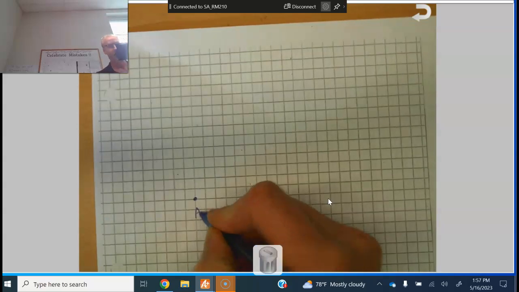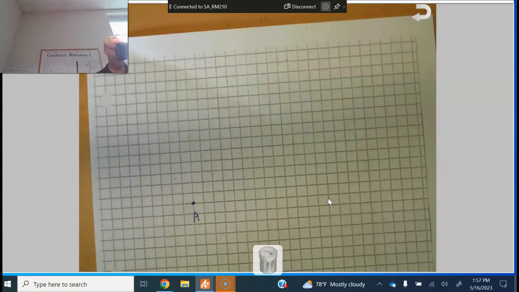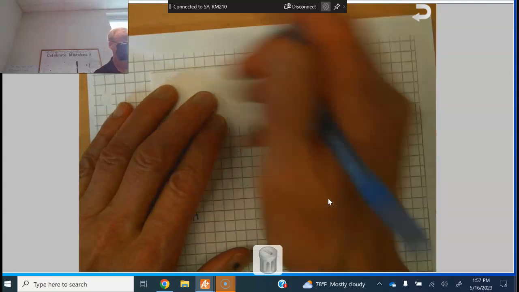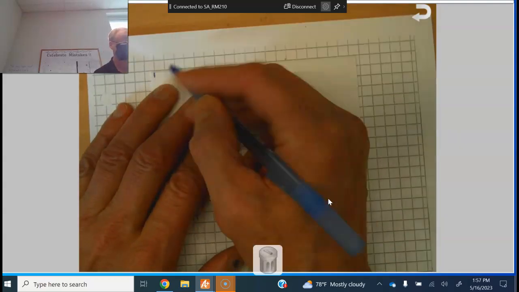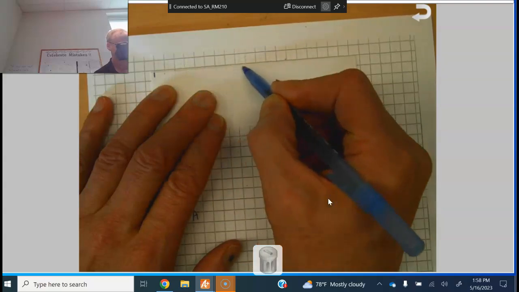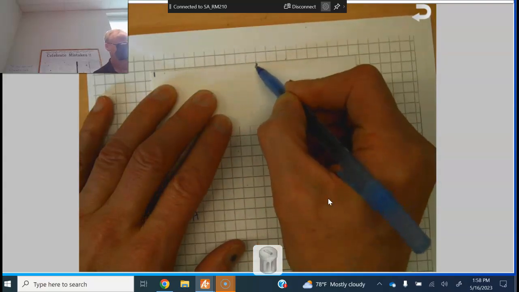I'm going to call this A for the airport. And hopefully you all measured 10 units because it's going to fly for 2 hours at 250 miles per hour. So it's going to go 500 miles. If I count out 10 units, it's this far.